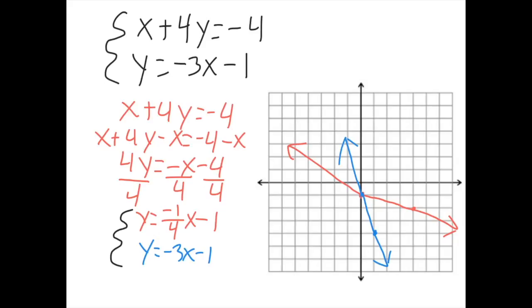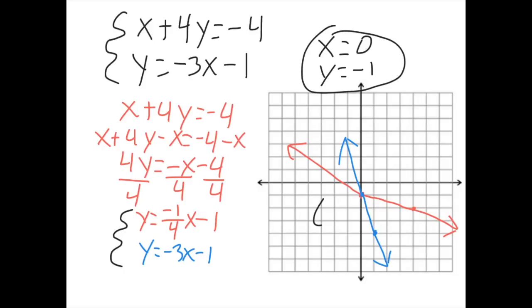So since both lines intersect at the y-intercept right here, we need an x and a y. Our x will be 0, and our y will be negative 1. So x equals 0, y equals negative 1. And that's because this is the point (0, -1).